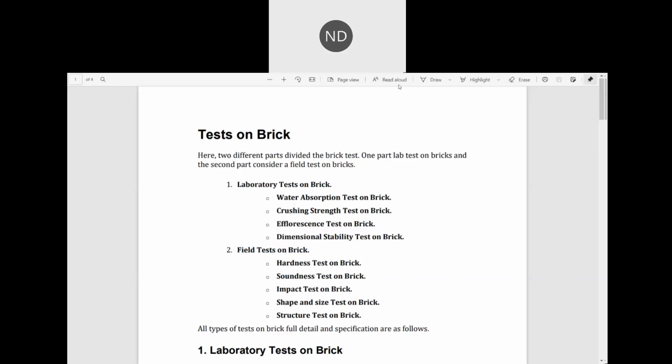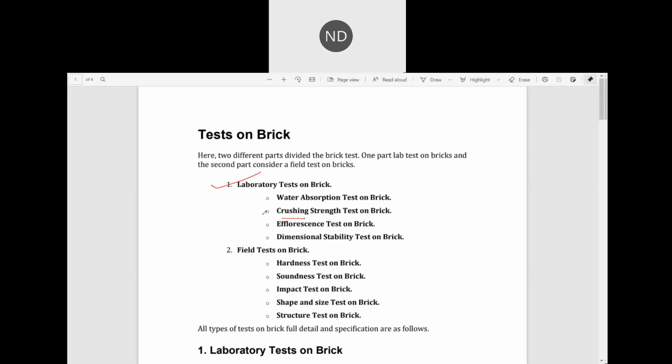The first ones we are going to discuss are your laboratory tests, which are the water absorption test, how much your brick can absorb water. How much it should absorb will specify the quality of the brick, that it should not absorb this much, it should be able to absorb this much water.